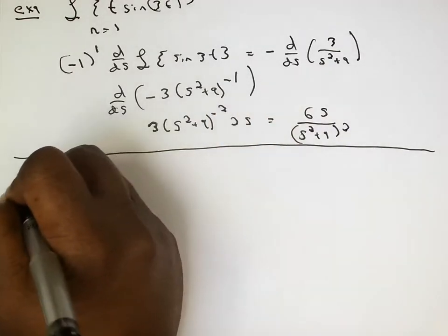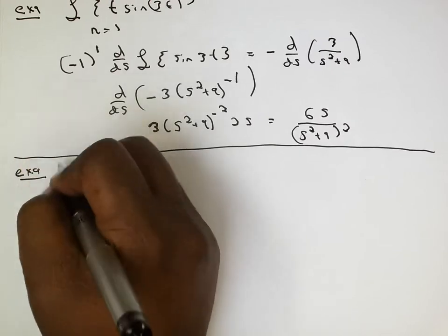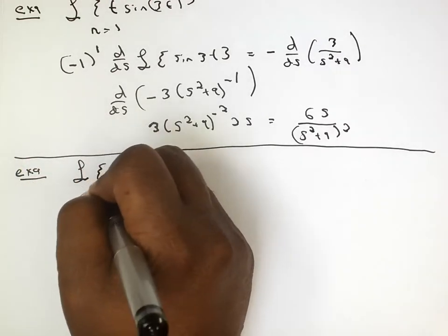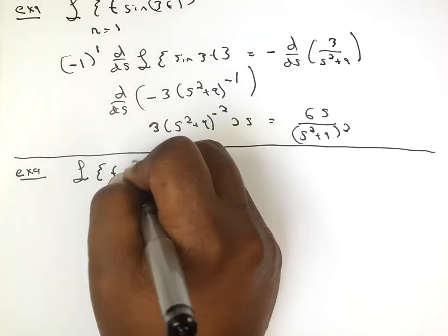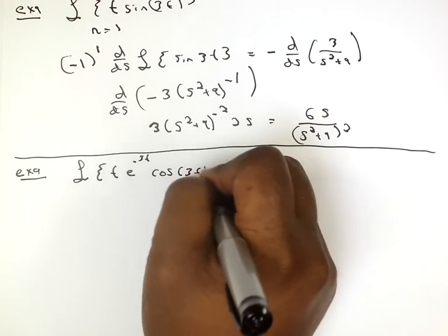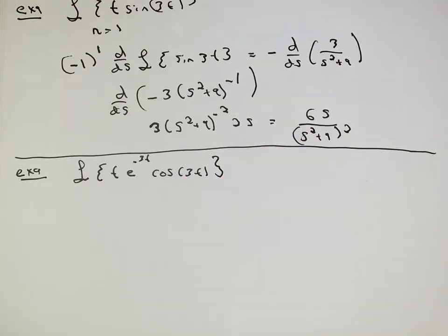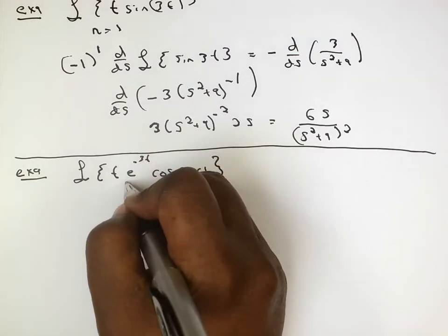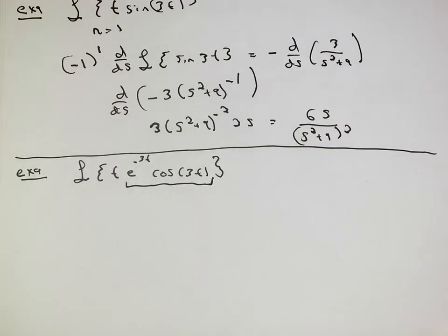Alright, our next example is actually a combination. So I have the Laplace transform of t e to the negative 3t cosine of 3t. So here, this t tells me I can take the derivative, but then this part of it tells me that I have a shift.